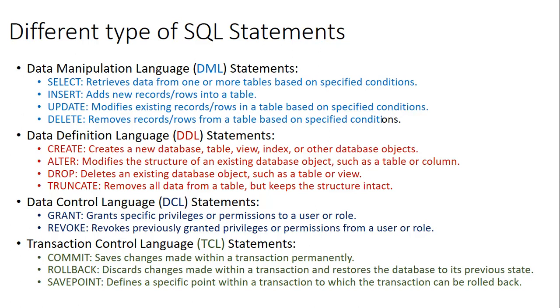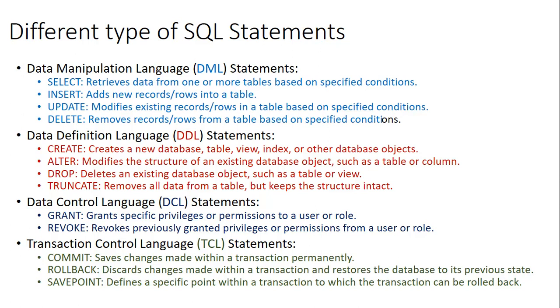Then we have what are called DDL, or data definition language statements. The data definition language statements are create, alter, drop, and truncate. These are the major DDL statements. Create is used for creating a new object in the database. It could be a database, a table, a view, an index, or different kinds of objects like functions, etc. Right?